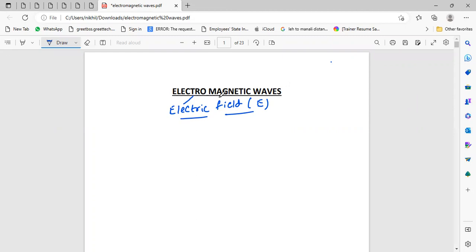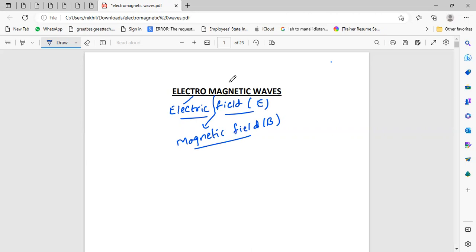You have also studied the magnetic field, denoted by the symbol B. Magnetic field is constituted when the charge is in motion. When the charge is in motion, it constitutes a current, and because of the current, it induces a magnetic field.